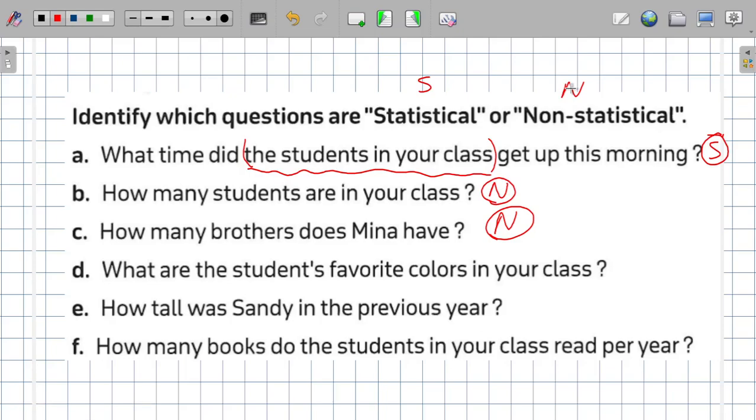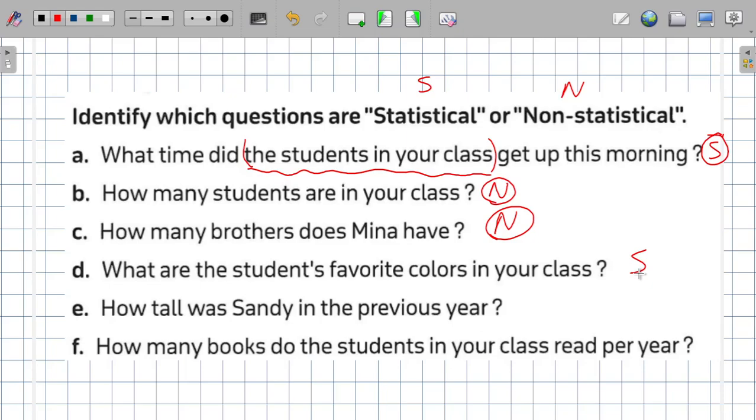I think in this question I will ask many students. I will get many different answers. Some people will like blue, some people will like red, so I get many different answers. So I think this is a statistical question.